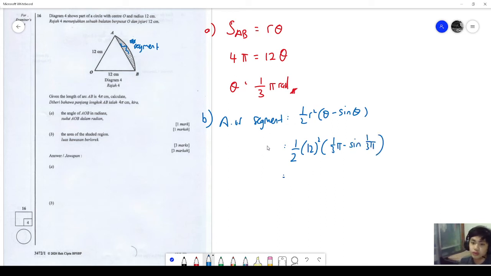Please take note to make sure that your calculator is in radian mode if you want to calculate this part of the bracket first. So 1/3 π minus sin 1/3 π, times 12 squared divided by 2. So we end up with 13.044 cm squared. And this is done.